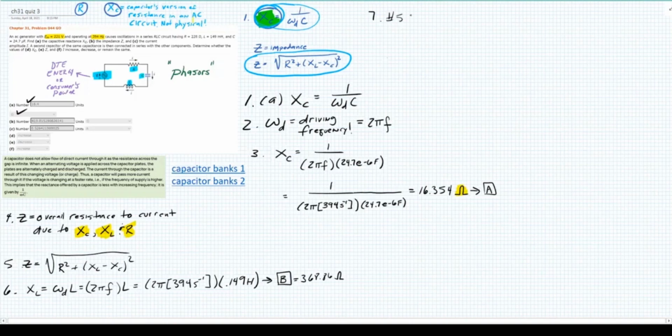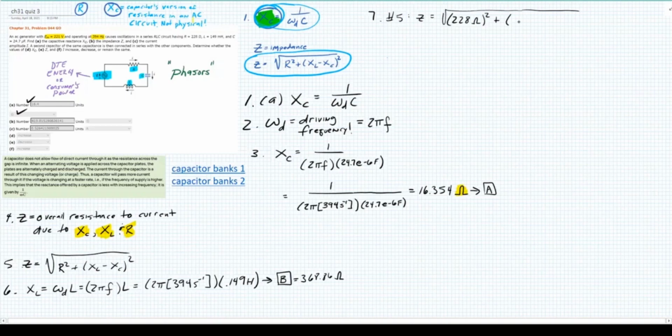Number 5 says that impedance is going to be the square root of R squared. And for me, my R is 228 ohms. So let's square 228 ohms plus, and here's Pythagorean theorem, the other side of that triangle, which is the difference between the inductive reactance and the capacitive reactance, because they're always fighting each other.